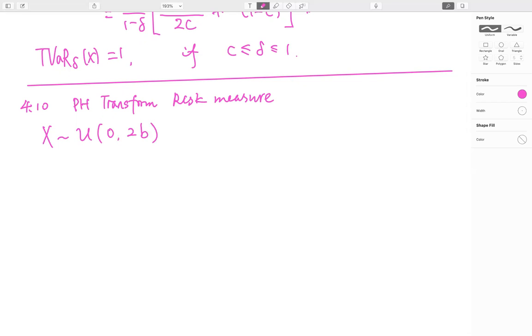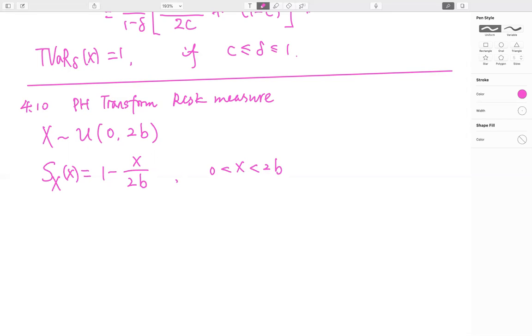So this is uniform. Okay, so immediately what we can write is the survival function of it, right? And we know x is between 0 and 2b. If you want, you can put equality.